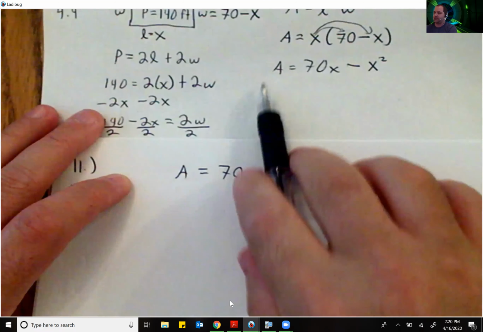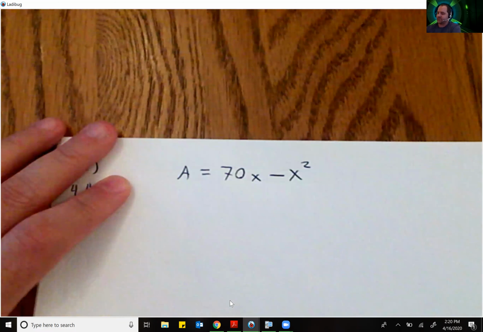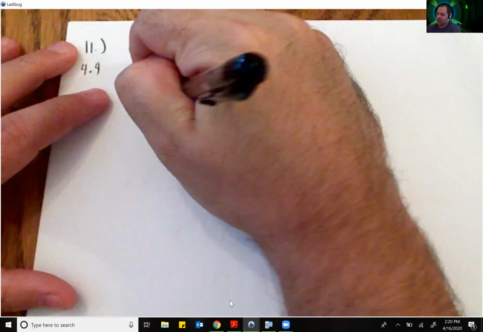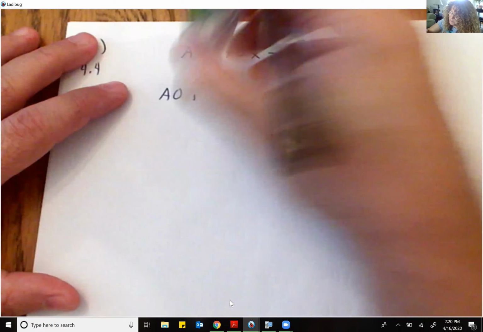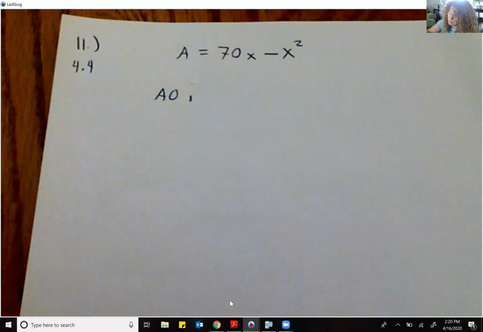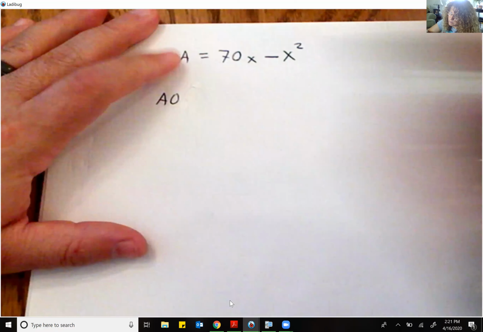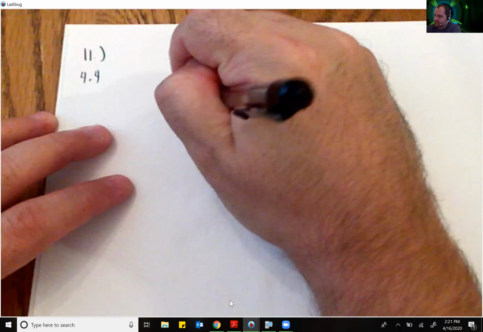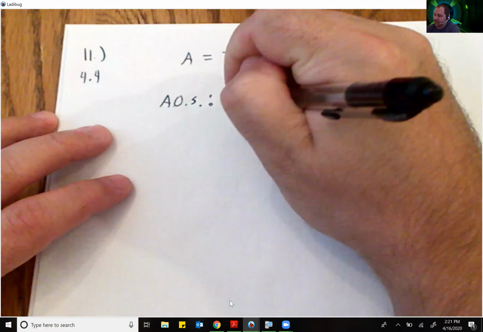I'm just continuing this onto another piece of paper. The first thing we're going to do is find the AOS, not the AOA. Negative b over 2a. There we go, AOS: x equals the opposite of b over 2a.